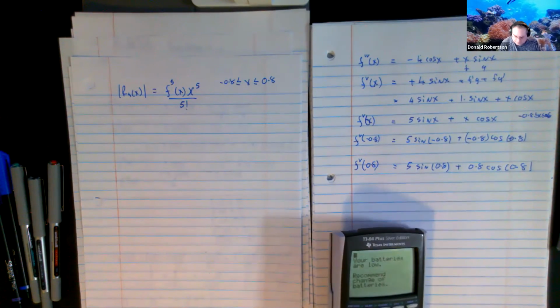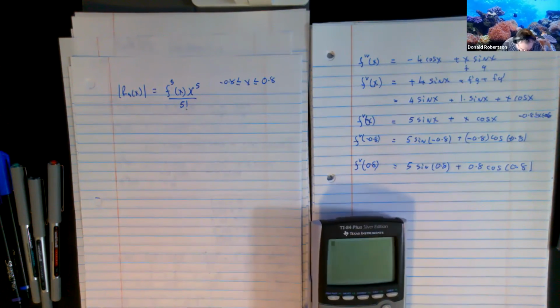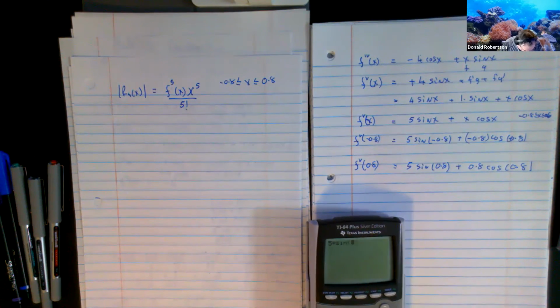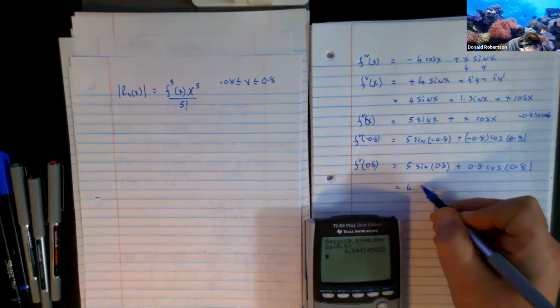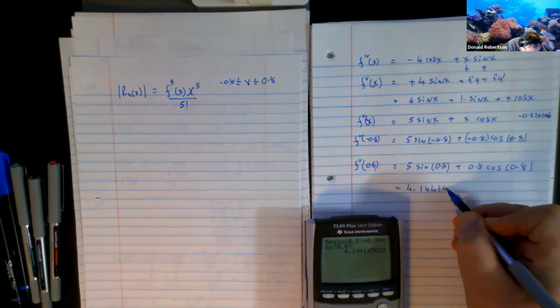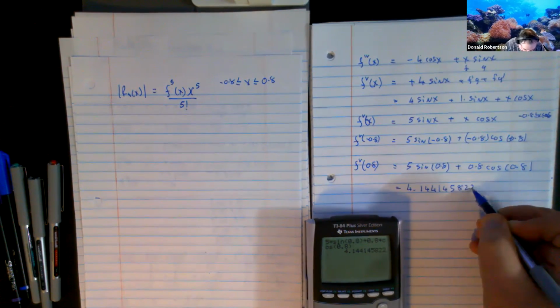And that's definitely what calculators are for, right? So I'll do this one here. It's 5 times the sine of 0.8, add 0.8 times the cosine of 0.8, and I get 4.144145822.